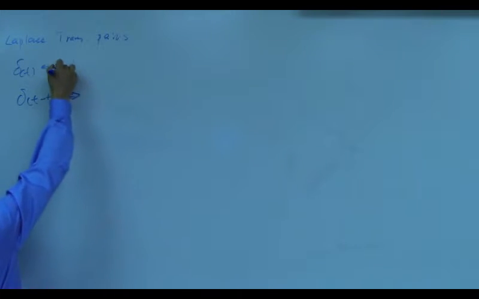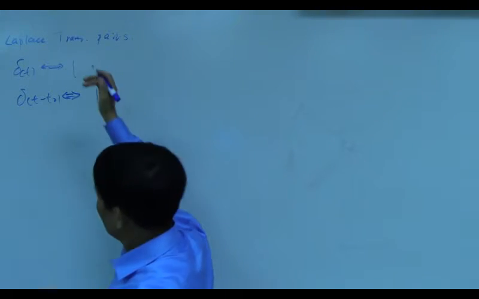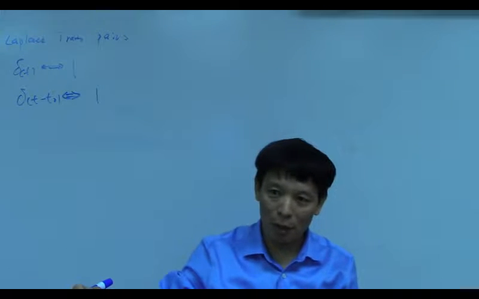Second one, now we need to use the properties. I delay this impulse by t sub 0 time. What's the Laplace transform for this one? This is an ideal delay, right? Delta of t minus t0. Remember the property for the Laplace transform.